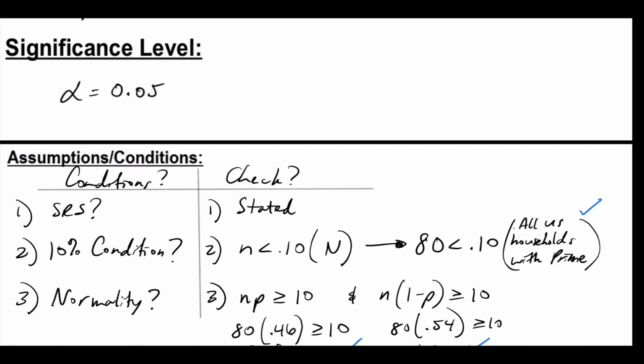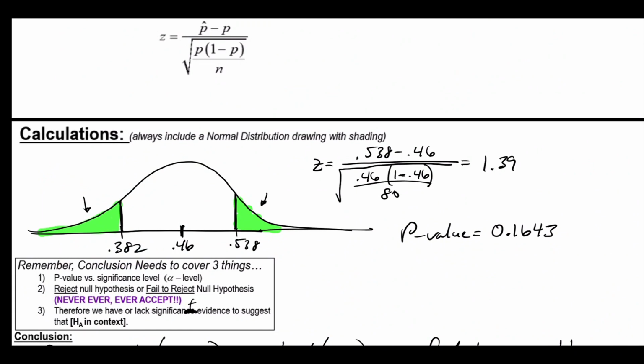You can if you want. There's nothing wrong with it. Yeah, absolutely. If you want to break it up and say 0.1643 divided by 2 and say, oh, 0.08215. You can do that. They won't mark you off for that. It's just not necessary.